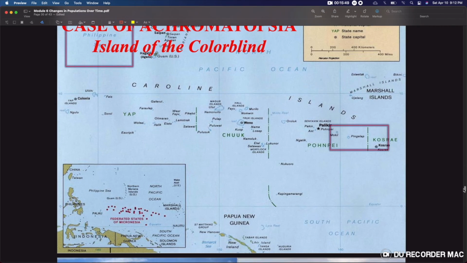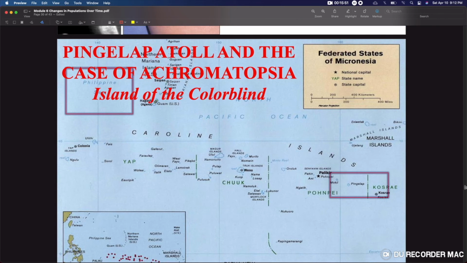Another example would be the case of Pingelap Atoll, I think it's in Oceania. Yeah, it's in Oceania. It's right here, Pingelap Atoll, near on top of Australia, near Tonga and Fiji, all those islands right there, and Papua New Guinea.